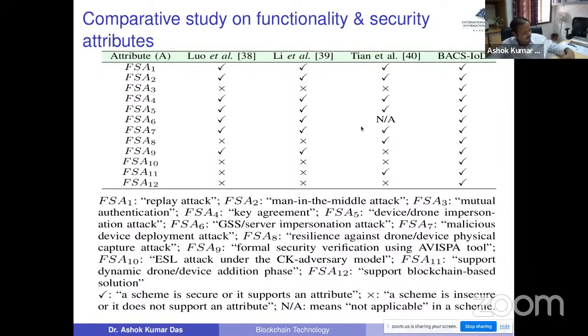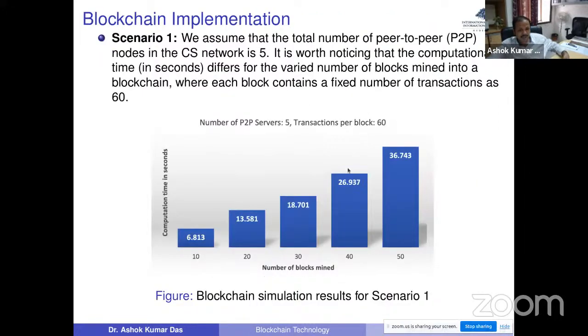And finally, we have done some blockchain implementations. The blockchain implementation was done on the Node.js platform, which is a JavaScript-based platform. Here we have taken two scenarios. In the first scenario, we have taken the number of P2P servers as 5.